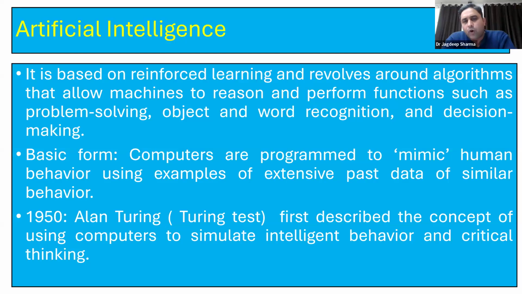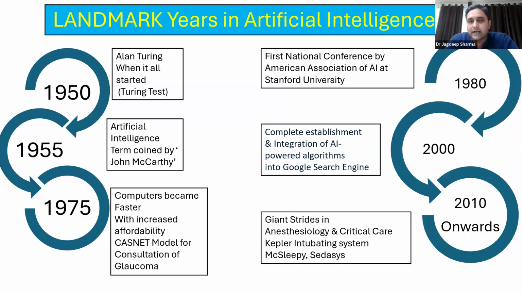In its most basic form, we can say computers are programmed to mimic human behavior, and that's done by using examples of extensive past data of similar behavior. In 1950, Alan Turing first described the concept of using computers to simulate intelligent behavior and critical thinking, which later came to be known as the Turing test.